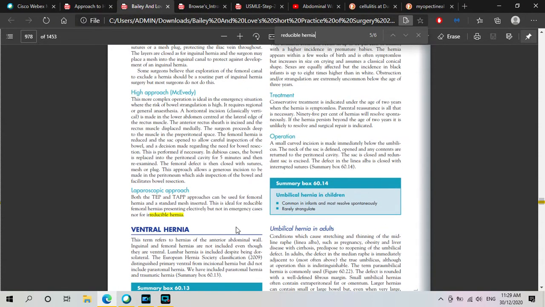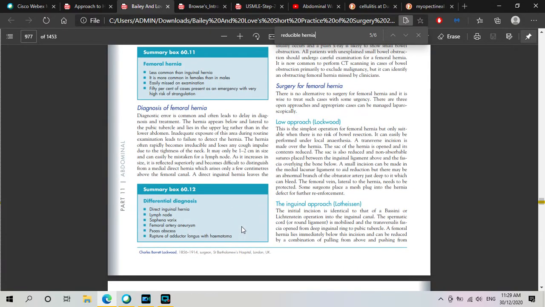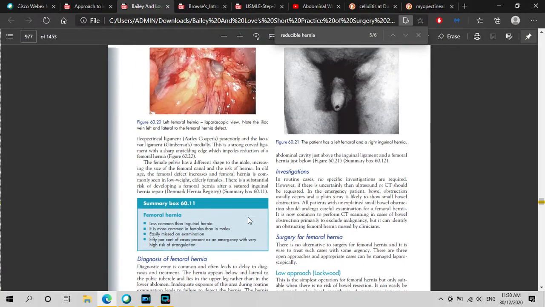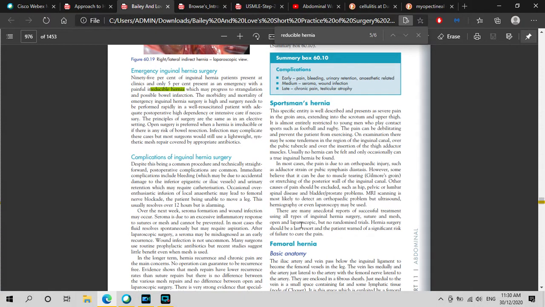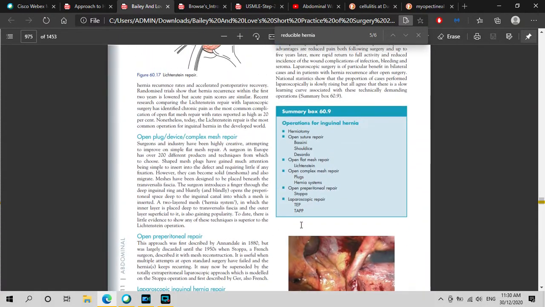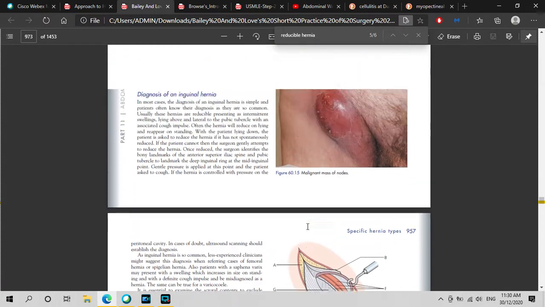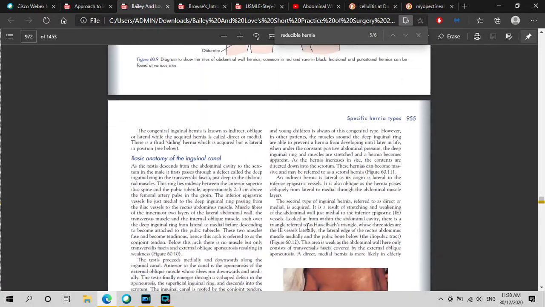From Bailey and Love, there are five: occult, reducible, irreducible, strangulated, and infarcted, Doctor. That is when you lump everything together, but it's not properly classified. It's just in the summary. That just lists out everything. Continue.